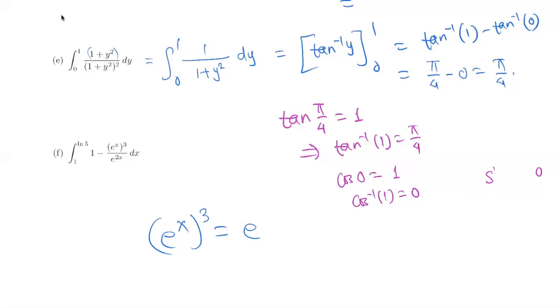Now we got the same base e. And 3x, this 2x move up, minus 2x, and just e to the x. So this fraction is in fact 1 minus e raised to x, from 1 through ln of 5.